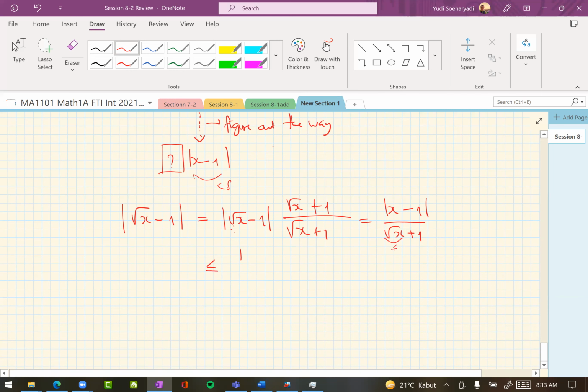The square root is positive, so of course the square root of x plus 1 is bigger than 1. So replace this by just 1. There we go. Okay, and you would like to have this less than 1/8. What should the delta be?